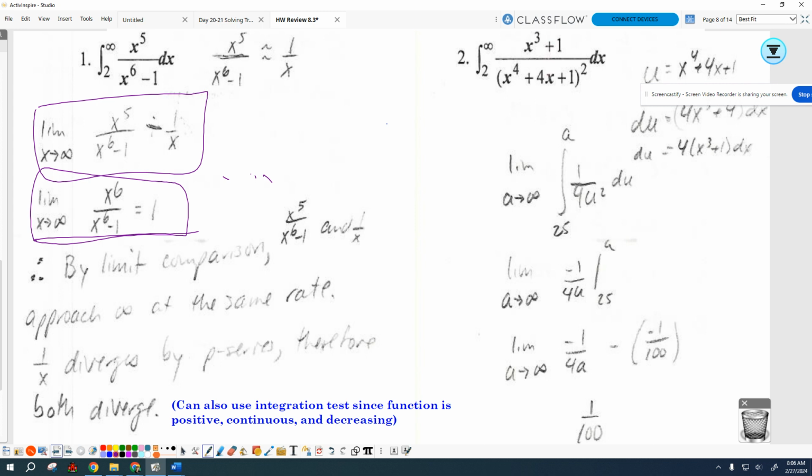Okay, by limit comparison, these two functions approach infinity at the same rate. Doesn't tell me anything about them converging or diverging, but I picked this one with no coefficients hanging off because I know it diverges by p series. So if this one diverges by p series and they're holding hands at infinity, that guy is chain 2 and he's going to diverge also.